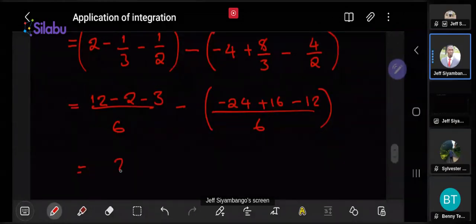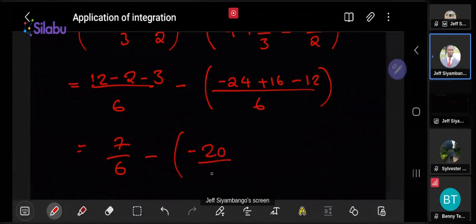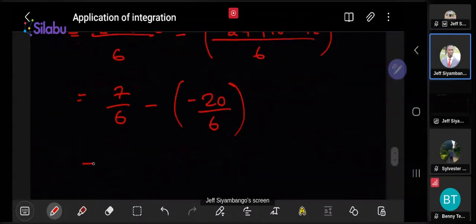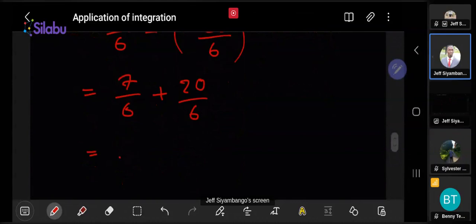Minus this side, what are we looking at? We're looking at 16 minus 12, that's 4. Then 4 plus minus 24 becomes minus 20 over 6. So this is 7 over 6 plus 20 over 6. I'll keep it, I won't simplify anything.